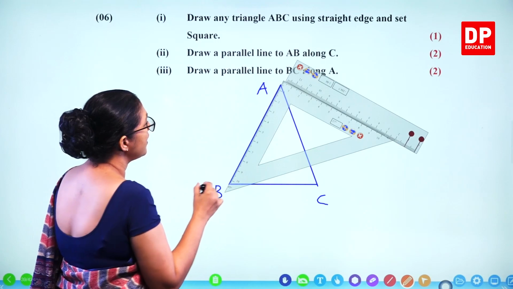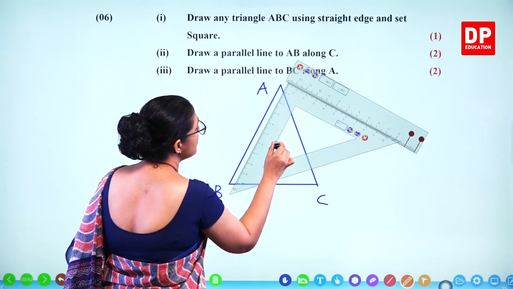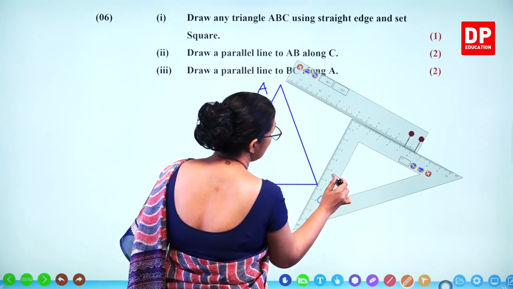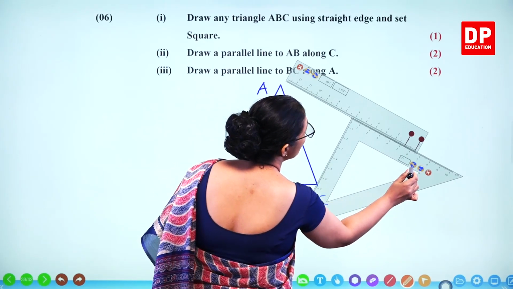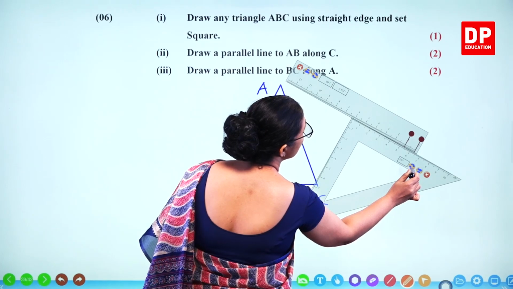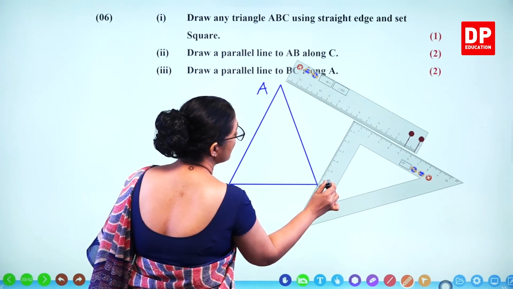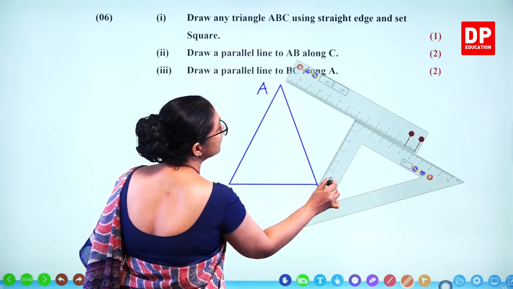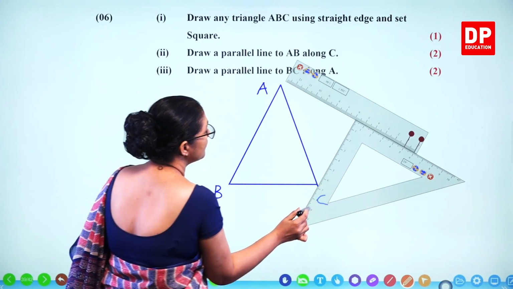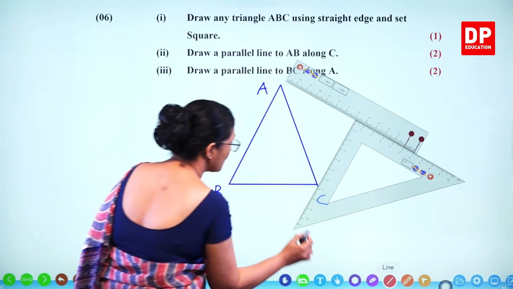Now you can drag it, this one, so that you get point C, because you need to find the parallel line along C. So this is the parallel line.